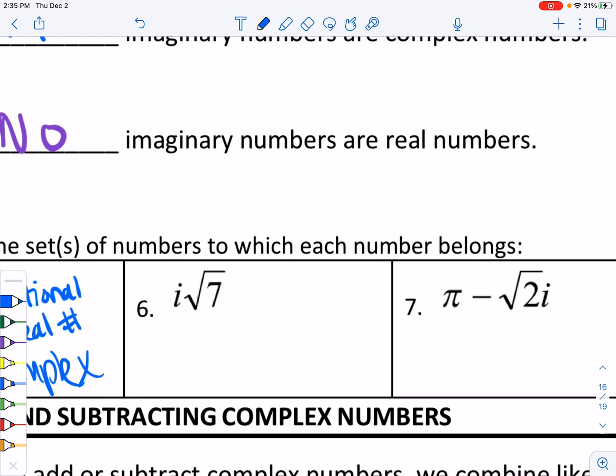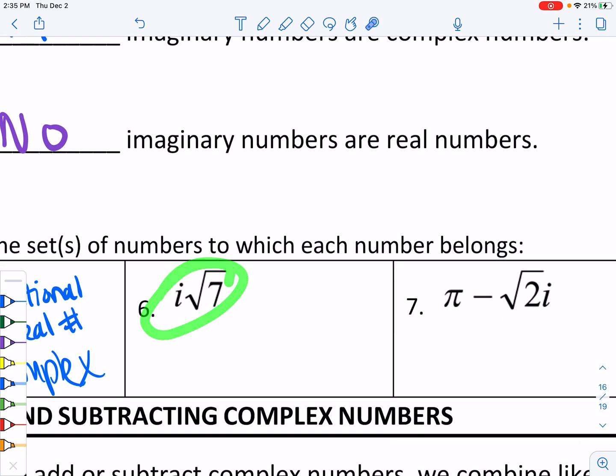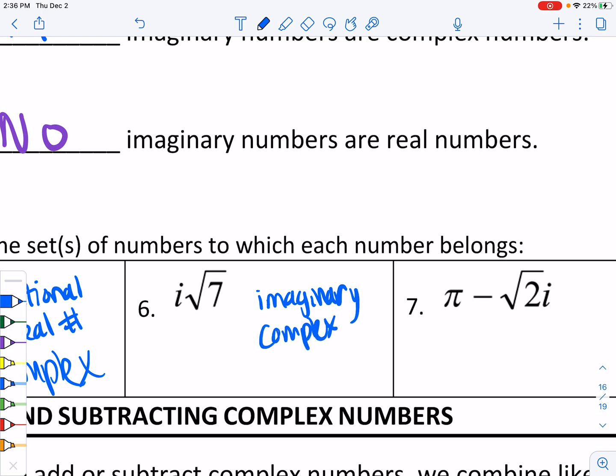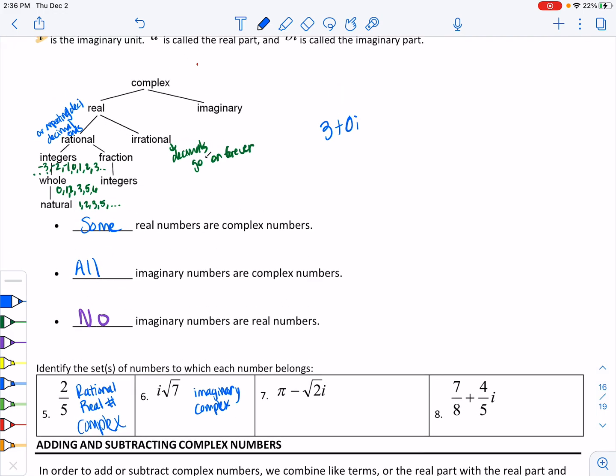If we have i root 7, that means that we have the imaginary number, which is also part of your complex numbers. So if we look back up here, our imaginaries are part of our complex.